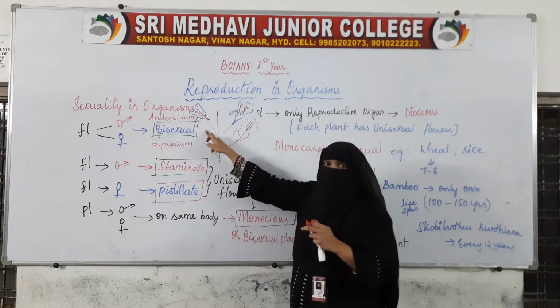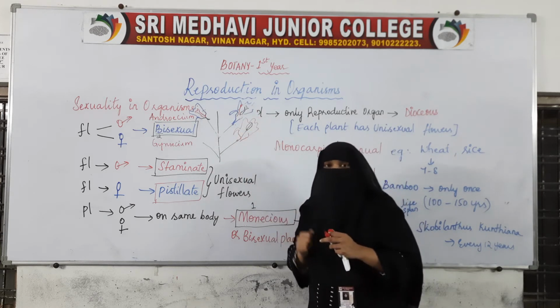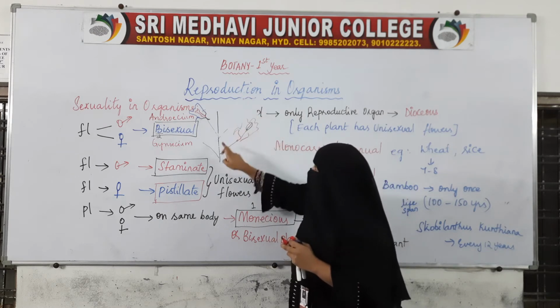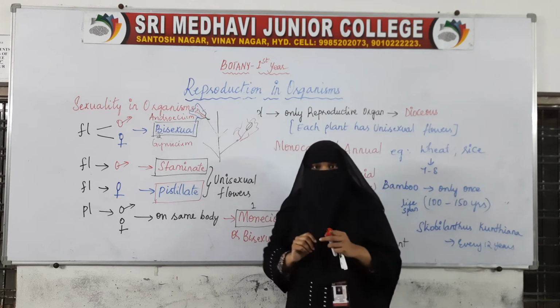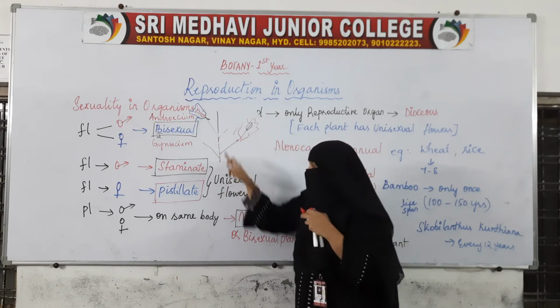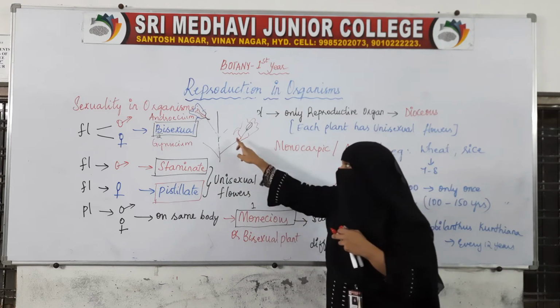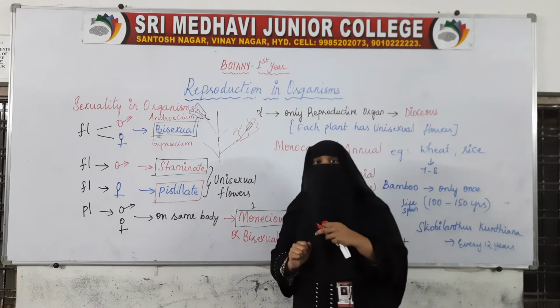It can be like this or like this. On a single flower, both reproductive organs can be present. In both cases, the plant is said to be monoecious or bisexual plant.